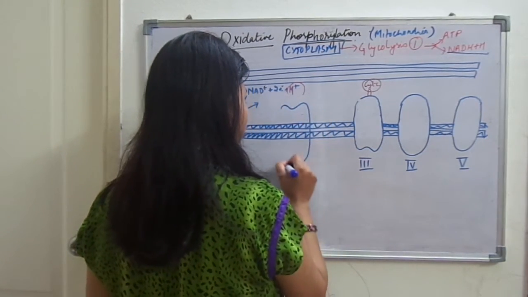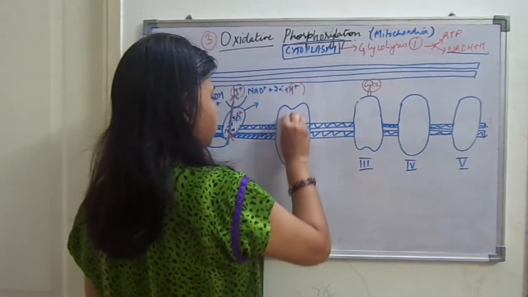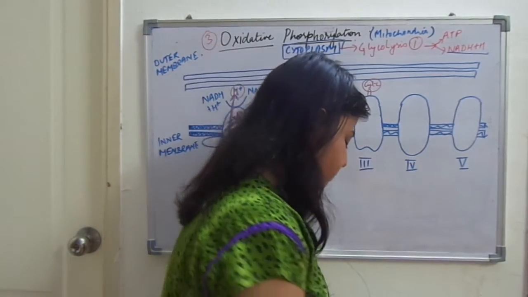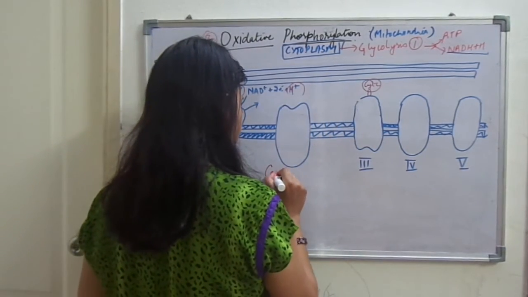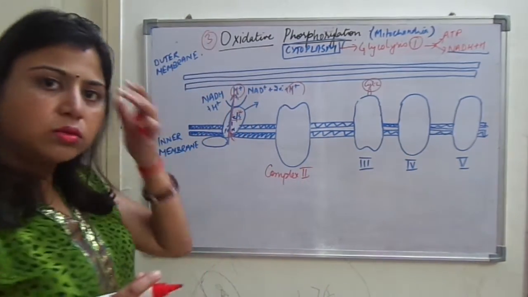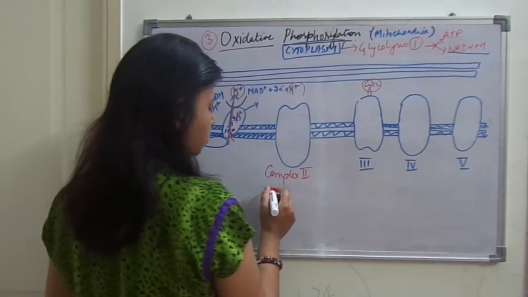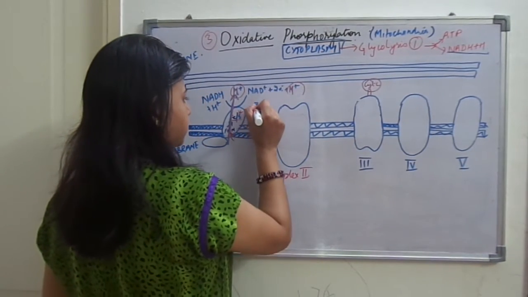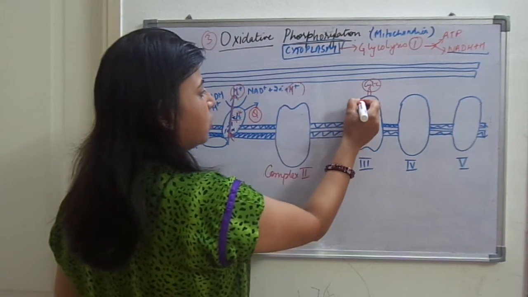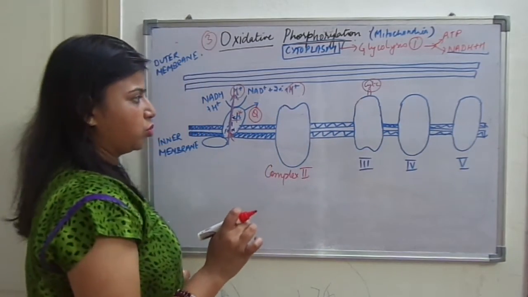See, if I draw it like this, this is complex 2. This is the ubiquinone molecule which gave the electrons to this complex 3 and came back into its position.